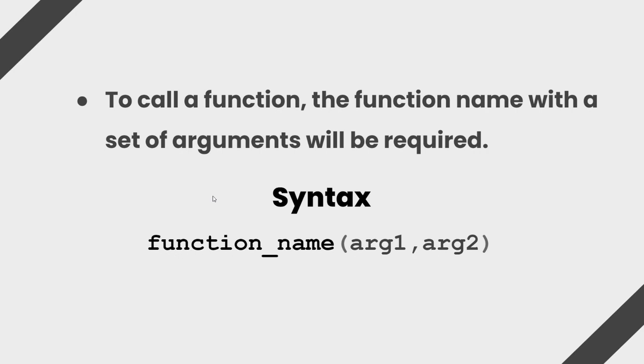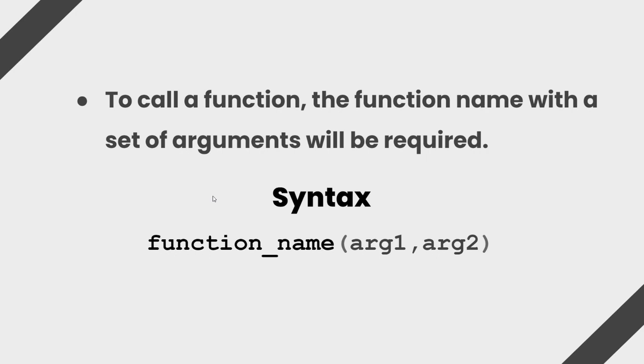So I could have the function name with arguments 2, 3, and 4. These values 2, 3, and 4 are arguments for this function, and x, y, z are the parameters. The arguments will be passed into the parameters, and once they are passed, your operation of x plus y plus z would be represented as 2 plus 3 plus 4. That way your function would execute properly and you would get the exact output that you want.